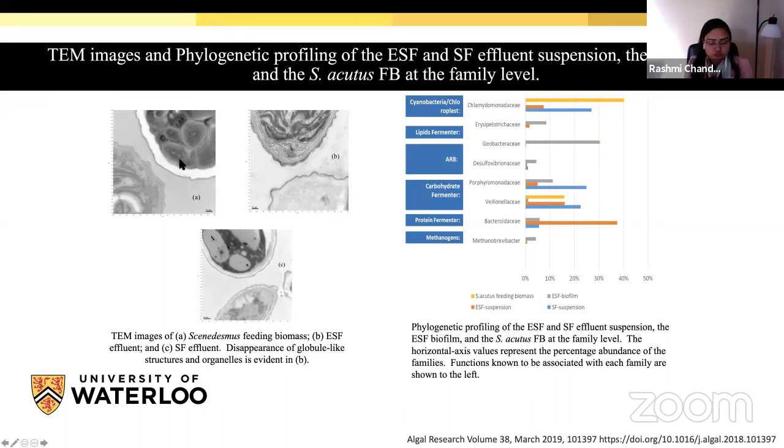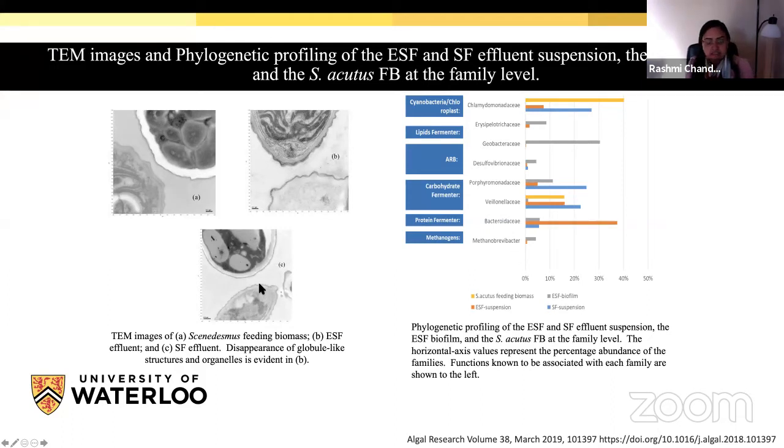We took the whole algal cells and did the TEM, and here you can see the cell wall is intact, but slowly, once we start degrading them, their cell walls start loosening up.